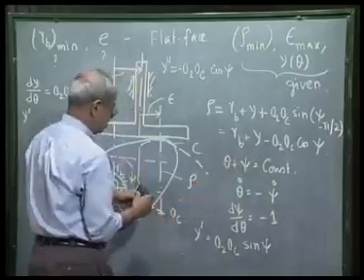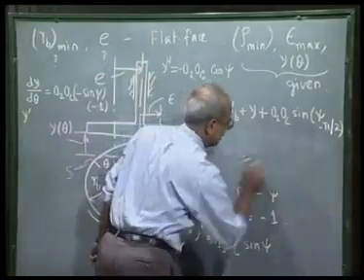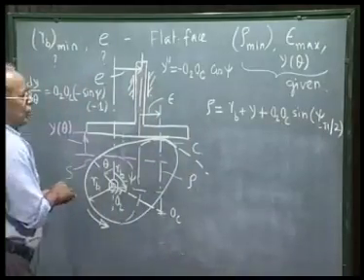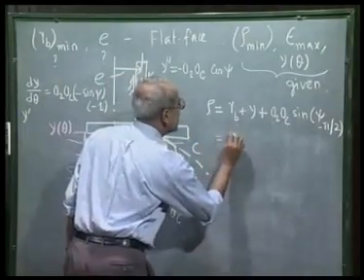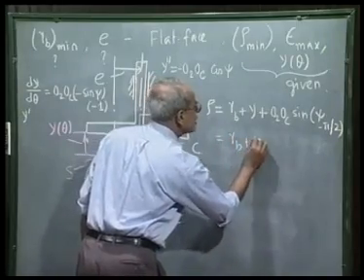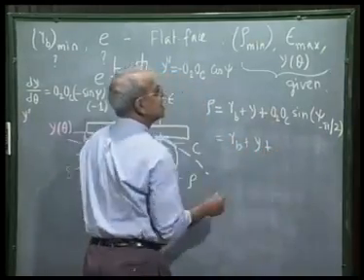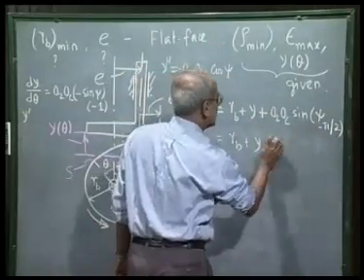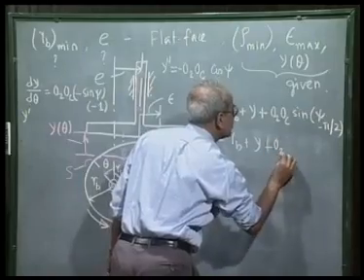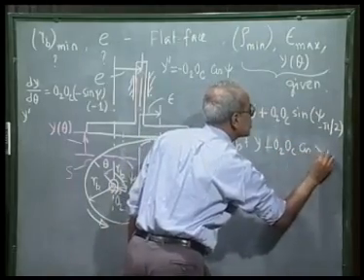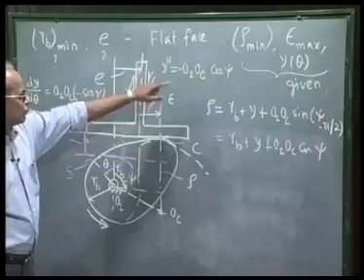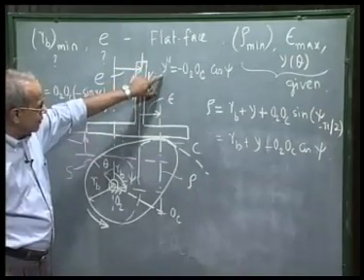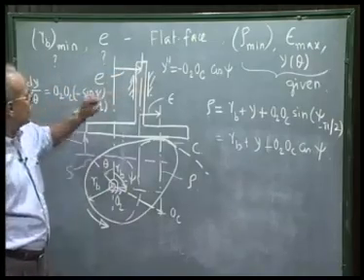And here we can see we've been able to express rho in terms of all other quantities. Rho is RB plus Y plus minus O2 OC cos psi. And minus O2 OC cos psi is nothing but d2y d theta 2, the second derivative of y with respect to theta.